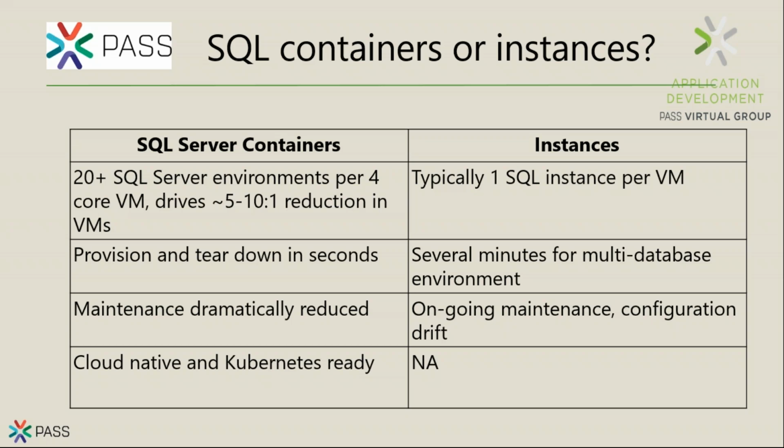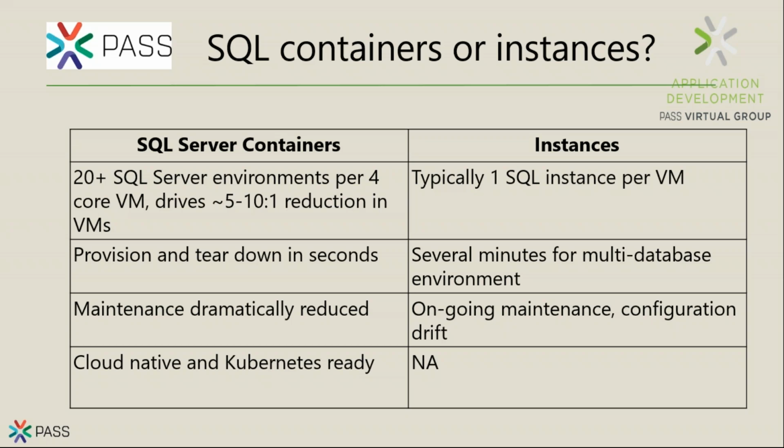And this ability to run a number of SQL Server containers on a single VM allows people to achieve a number of benefits. Number one, there can be fewer VMs involved. You can get away from VM sprawl. These things can be delivered very quickly and are immutable, so they provide more reliable DevOps process support.